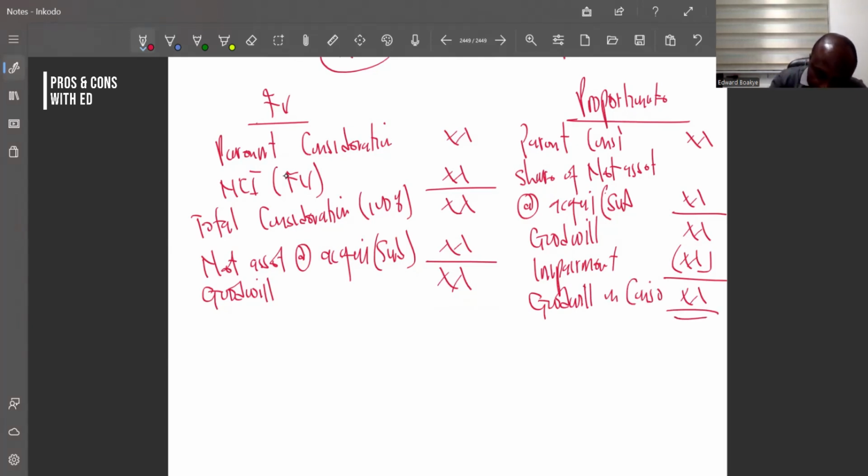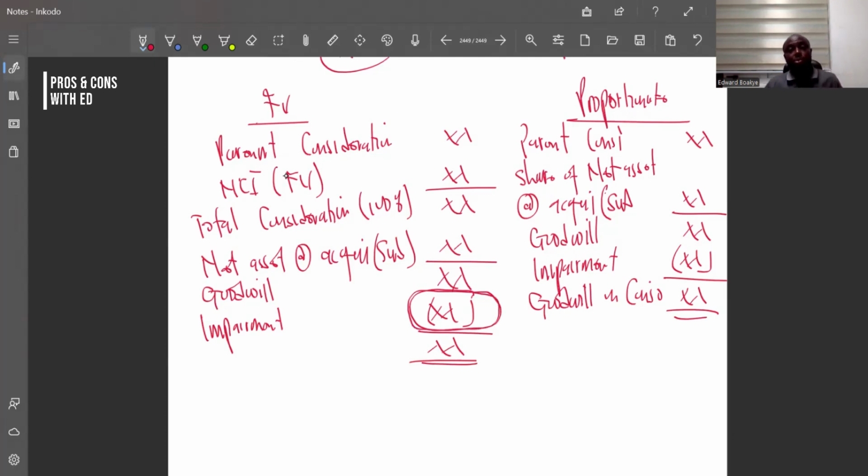Here, if there's an impairment, yes, we still subtract impairment. Then we get our goodwill on consolidation. But this impairment, at the end of the day, will be shared between the parent and the NCI. So it will be shared between the group retained earning and the NCI account. You will be preparing an NCI account and also a group retained earning.